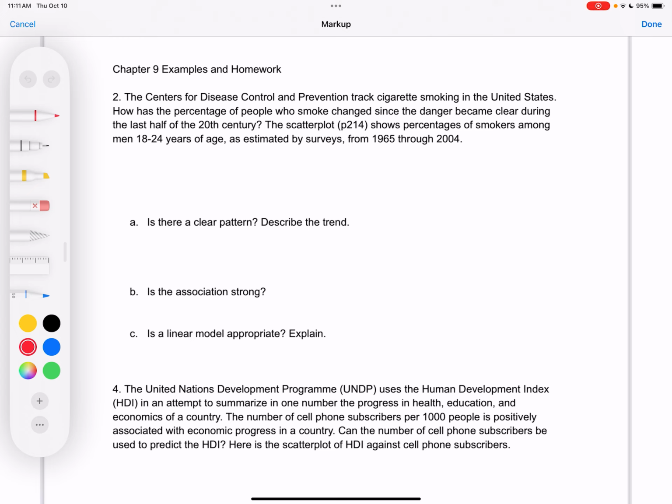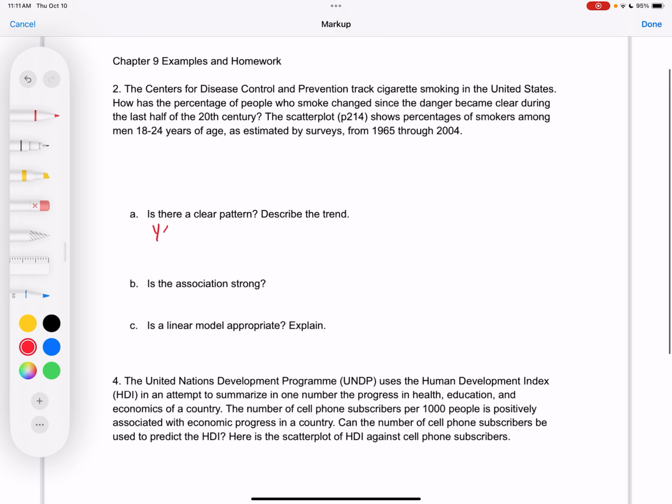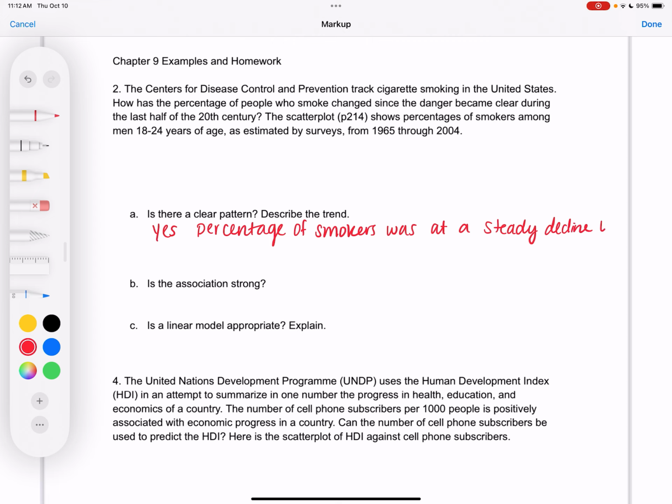So what do you notice? It, like, goes down. Yeah. So yes, the percentage of smokers was at a steady decline until around 1990.